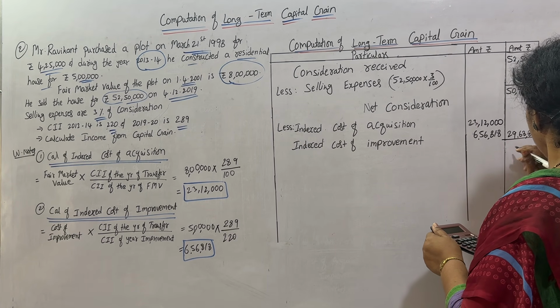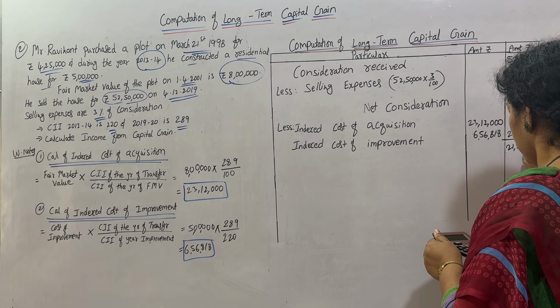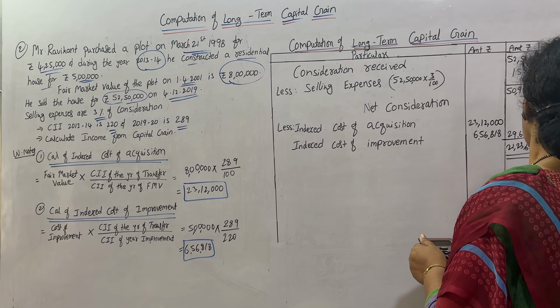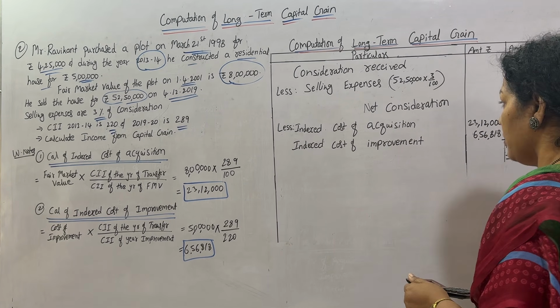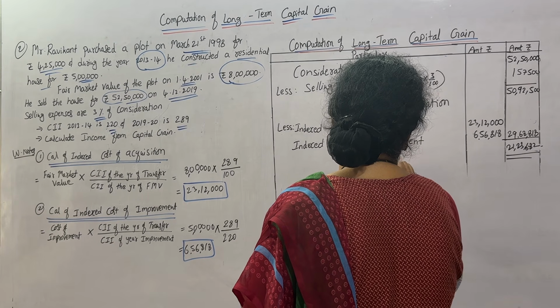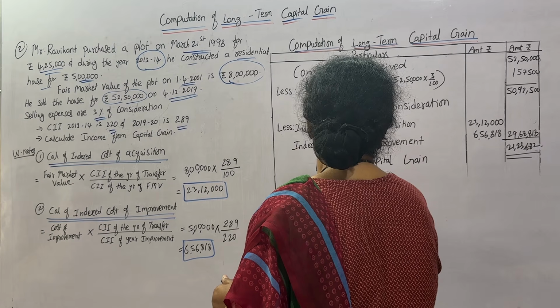Shall I write clearly? 21 lakh 23,682. So this is the capital gain, long term.